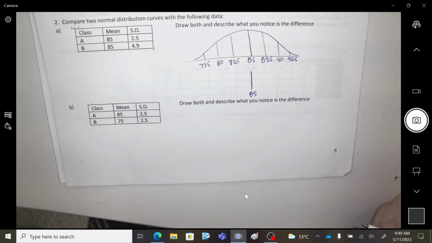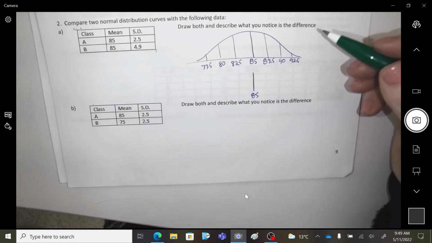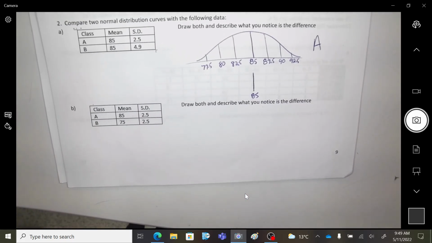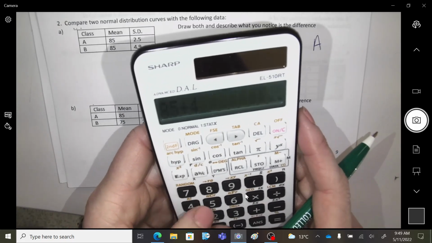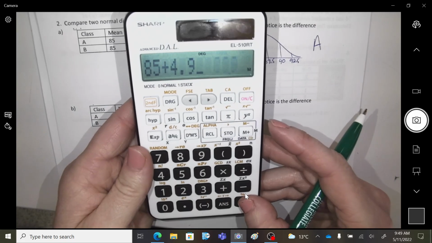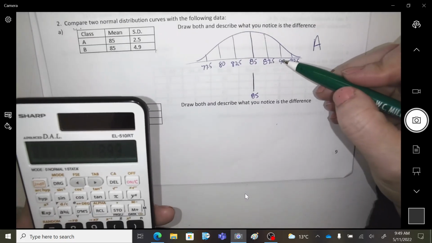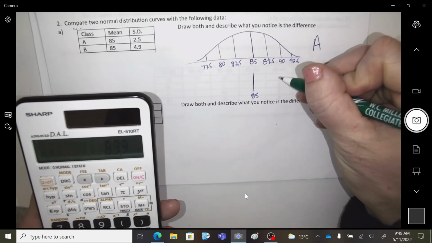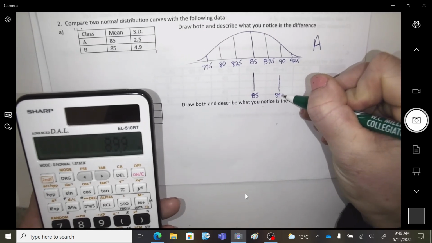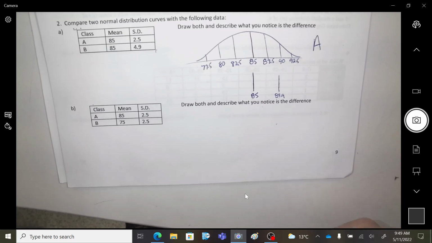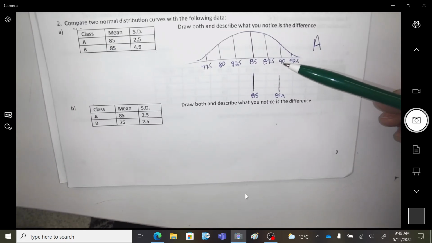The mean of this is 85, Class B. The mean is 85. 85 plus 4.9 is 89.9. So look at what I'm doing. I'm lining it up. It's basically at that 90.